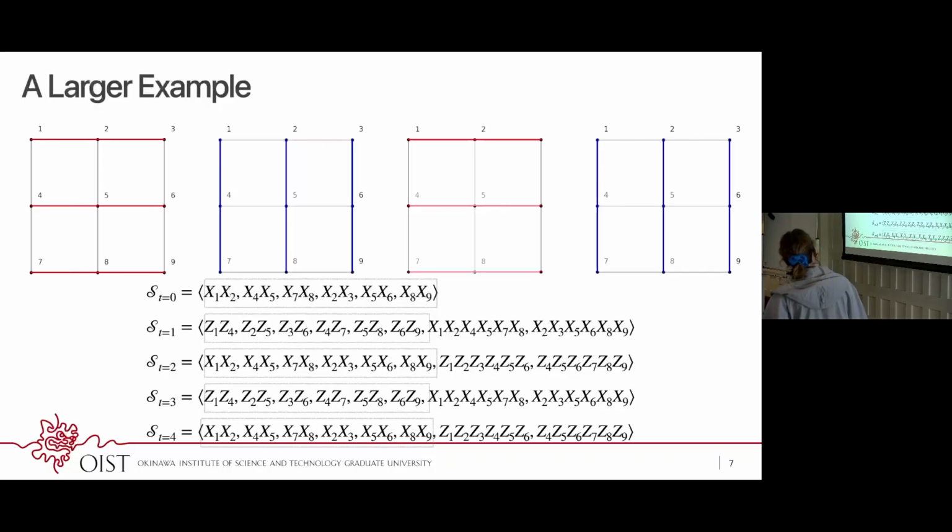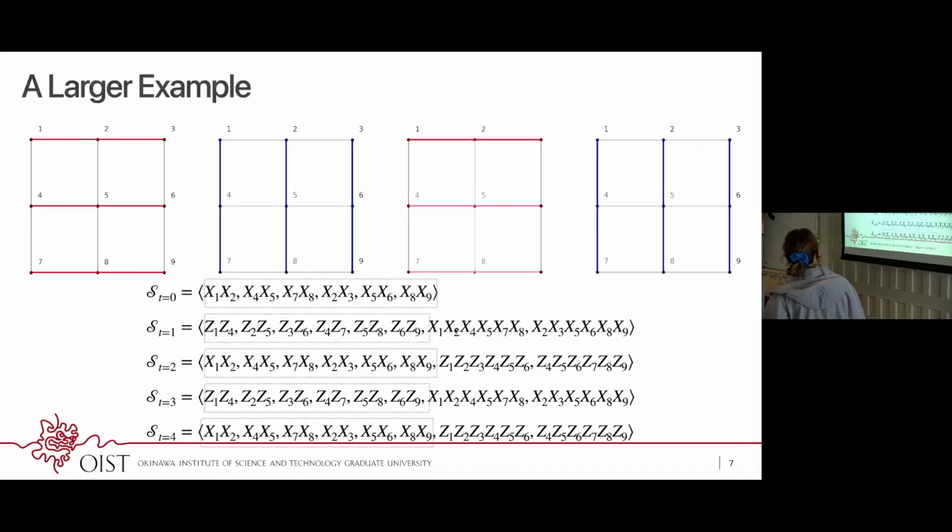We perform the XX pair measurements on the horizontally adjacent qubits and ZZ pair measurements on the vertically adjacent qubits. The only difference between the 2x2 and 3x3 cases is the size of the surviving stabilizers.